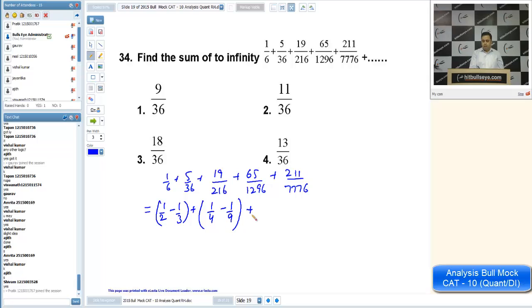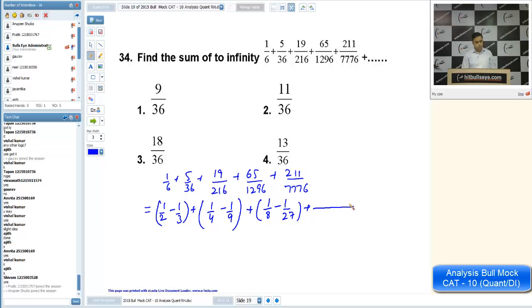Similarly, I will break this 19 by 216 into two numbers such that their product is 216 and their difference is 19. So the numbers will be 8 and 27. So I can break it into 1 by 8 minus 1 by 27 plus so on. It will go on.